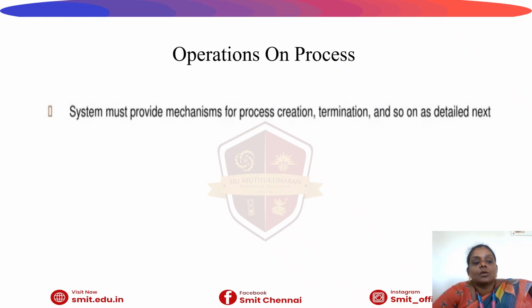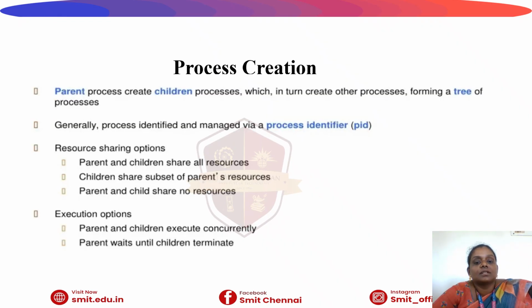Operations on a process: a process can be created, executed, wait and terminate. That is an operation on a process, starting with process creation. A parent process can create a child process, and when a child creates other processes, it forms a tree of processes.